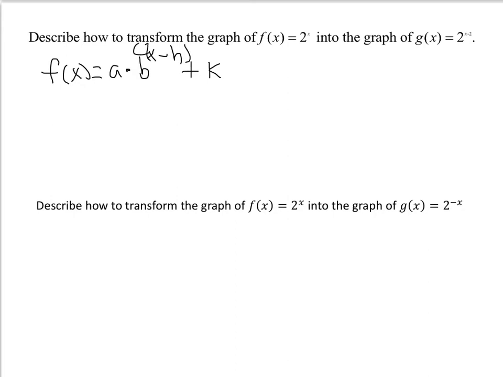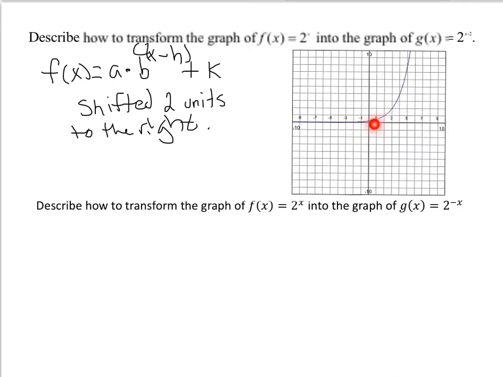Okay, and remember h is left or right, k is up or down, a is vertical stretch or vertical shrink, and c is horizontal stretch and shrink. So we've seen these before. So it looks like h is 2, so that means it's shifted 2 units to the right. So let's take a look at the picture, the graph of it real quick.